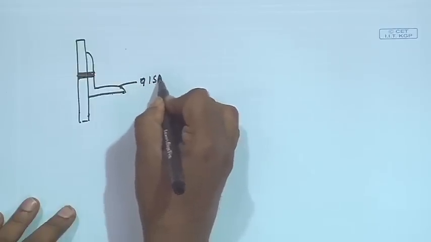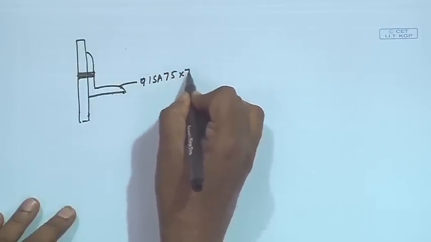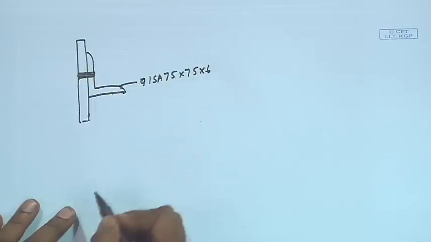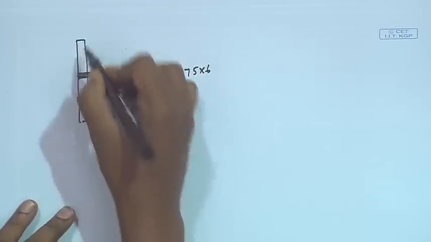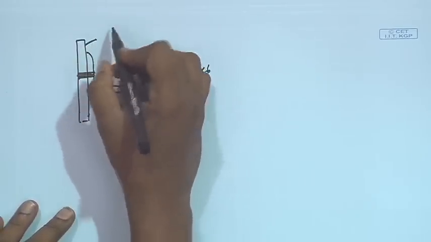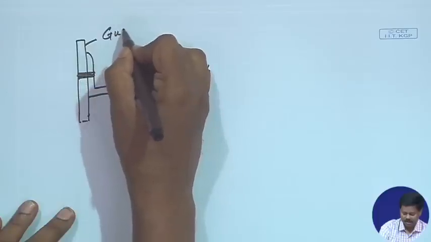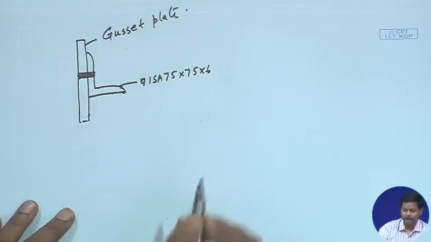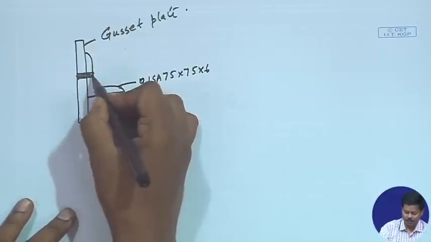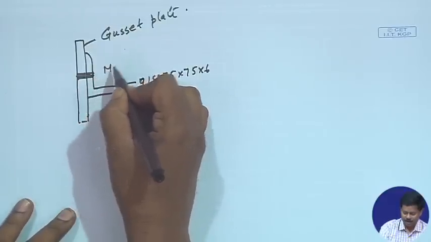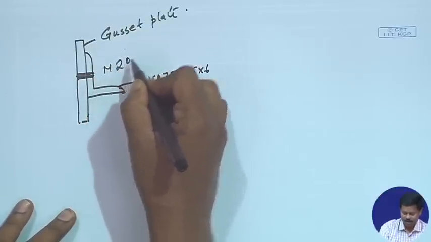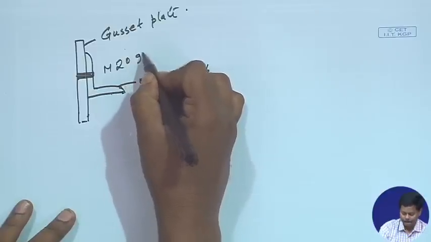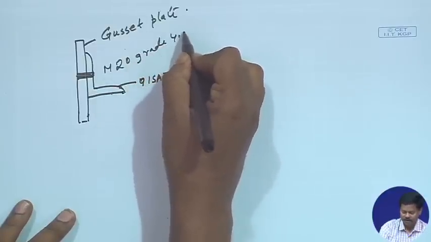So, this member size is ISA 75 by 75 by 6, and this is the gusset plate, and this bolt is M20 grade of bolt with 4.6 grade.